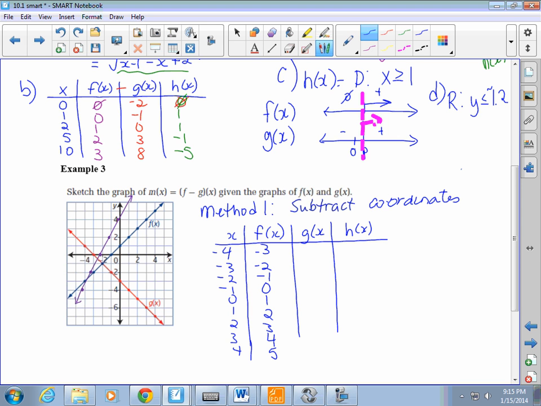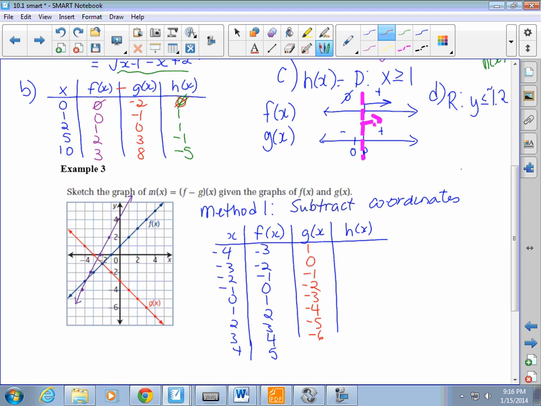Okay, if I look at my red graph here, when x was -4, my y was +1. When it was at -3, it was at 0. -2 is -1. -1 is -2. 0 is -3. 1 is -4. 2 is -5. 3 is -6.